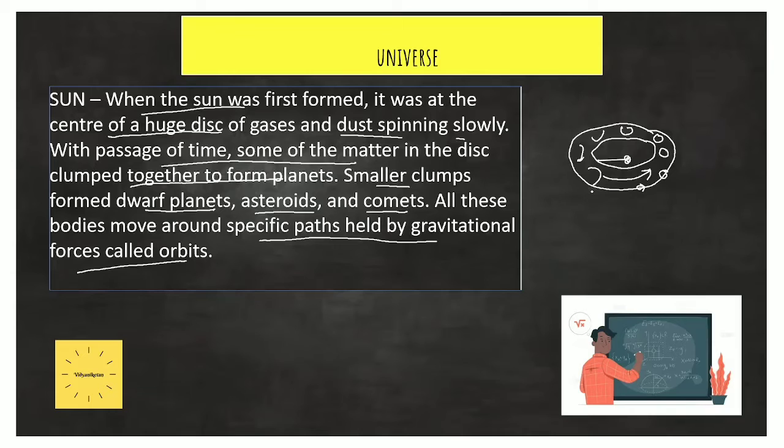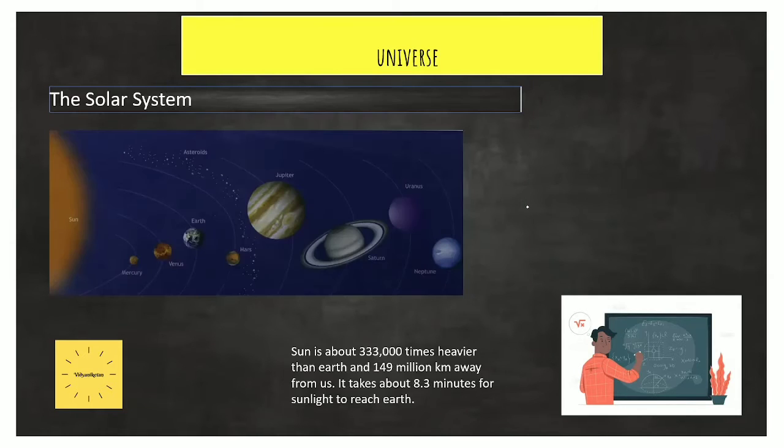All these celestial bodies move around specific paths held by gravitational forces around the sun. Those gravitational forces are different for each celestial body, and the path along which these bodies move is called the orbit. So let's move on to the next slide.